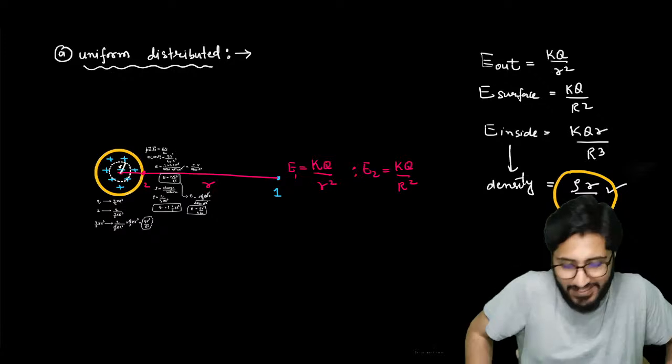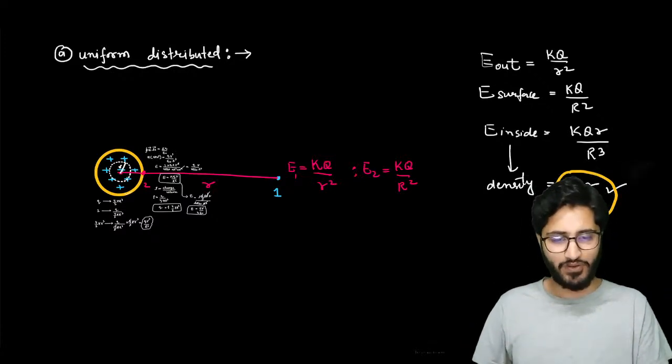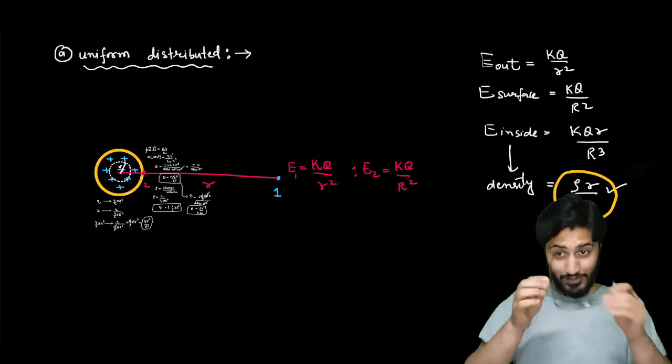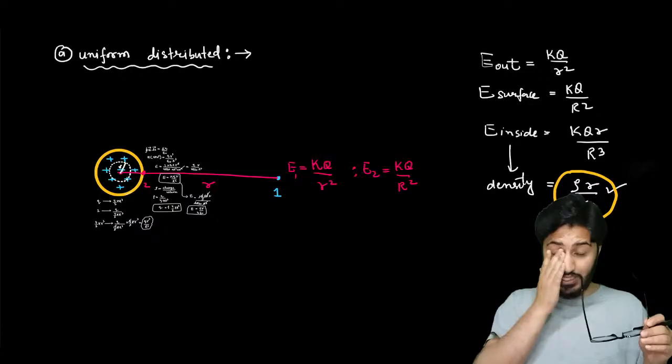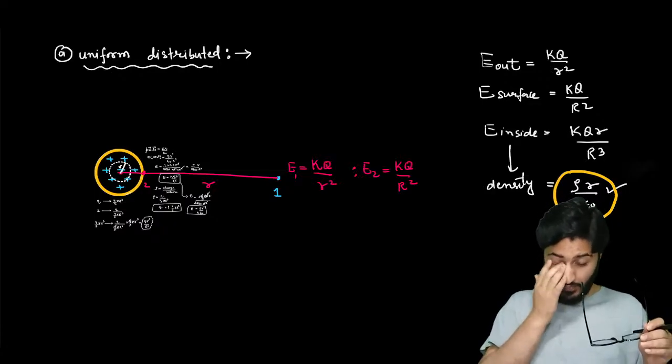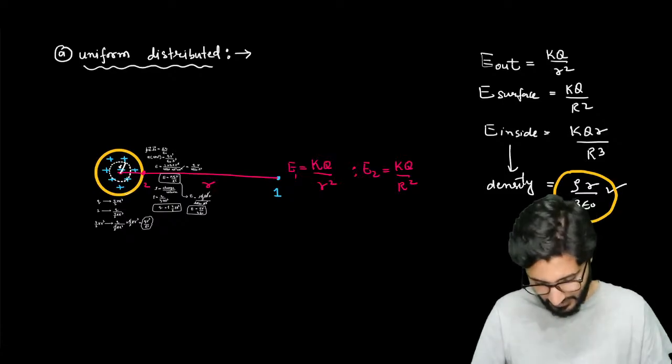We will increase the level now. Don't worry about it. This was a uniform distribution. Now we will do a non-uniform one also. Easy?